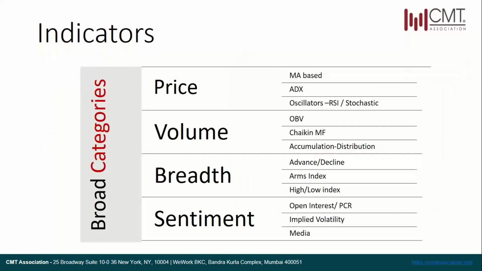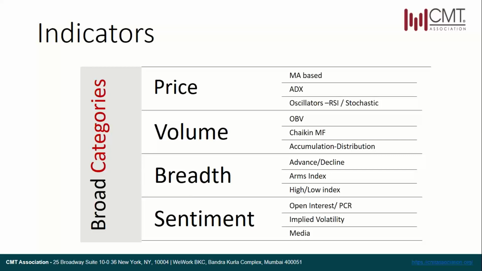If you look at the broad categories, I would say there are essentially four types of indicators: price, volume, breadth, and sentiment. In the price category, the moving average is one of the most common indicators used widely across the world, and a few derivatives of the moving averages like the MACD and the MACD histogram are also quite frequently used.